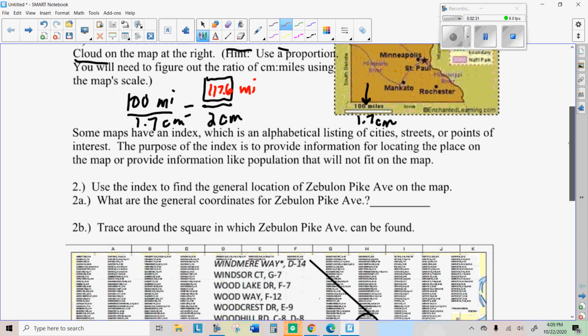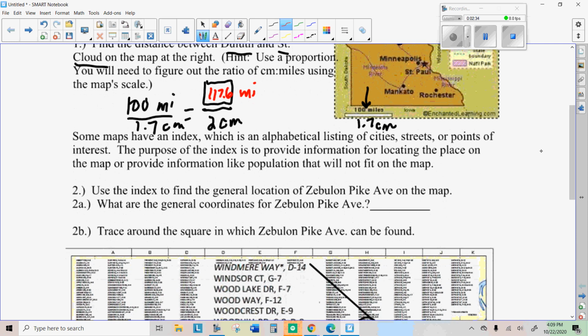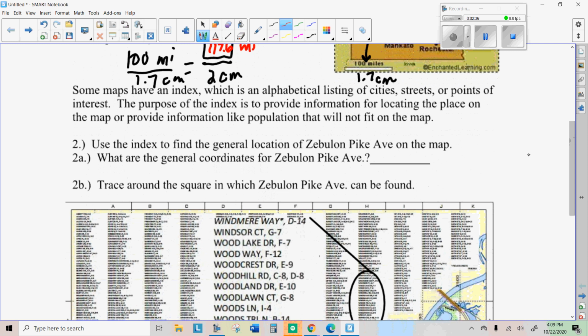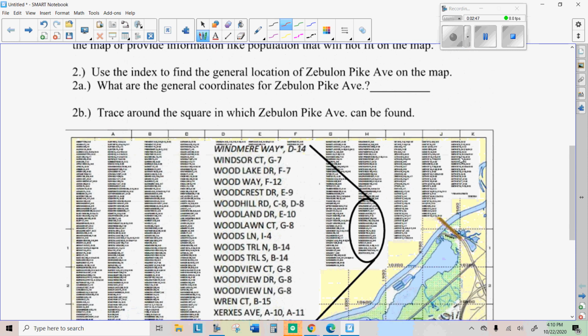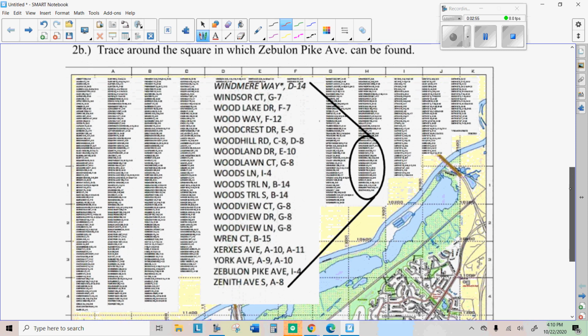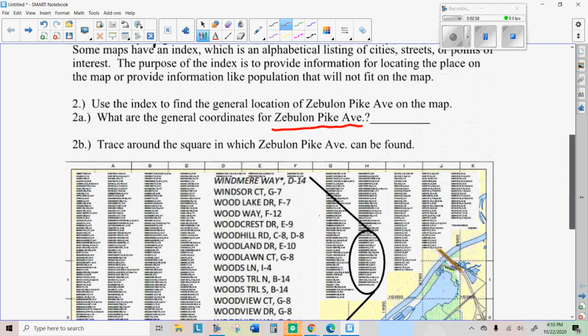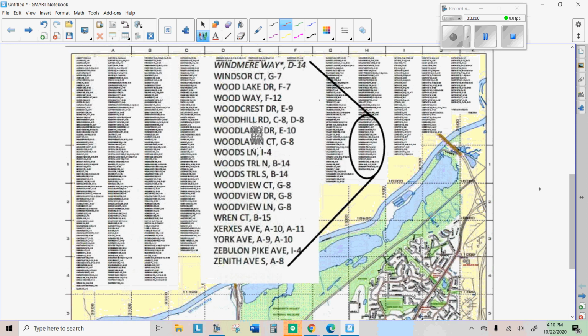Okay, so for all these next problems here, you might have to do some measurement. I'm going to use my measurement, though, just to make sure you're doing it right. So somewhere on the map, you will find an index that'll help you locate things. We want to locate Zebulon Pike Avenue on this map of, I believe it's Minneapolis. Maybe it's St. Paul. I'm not sure. We've zoomed in on those numbers, and there's Zebulon Pike, and it says I-4.